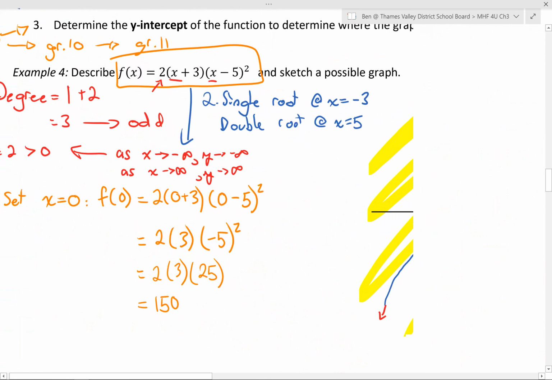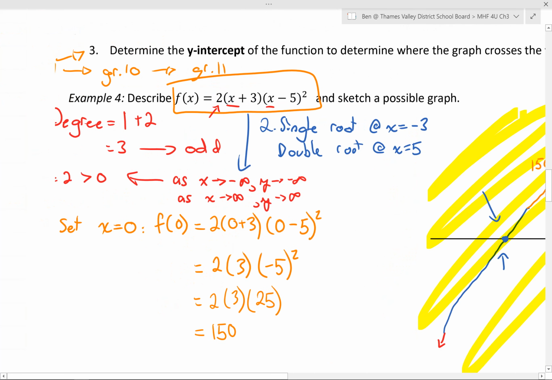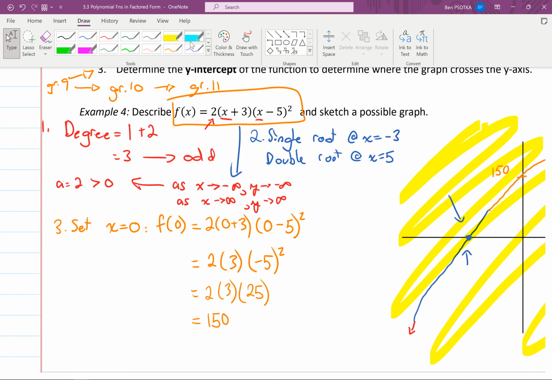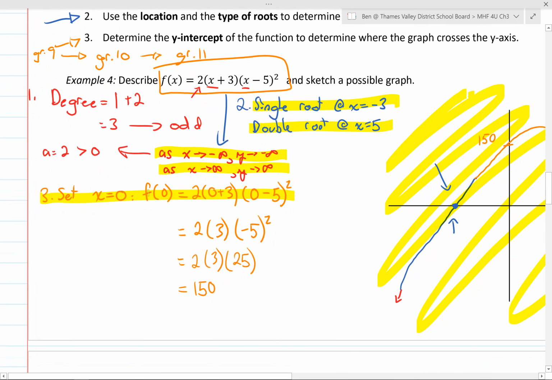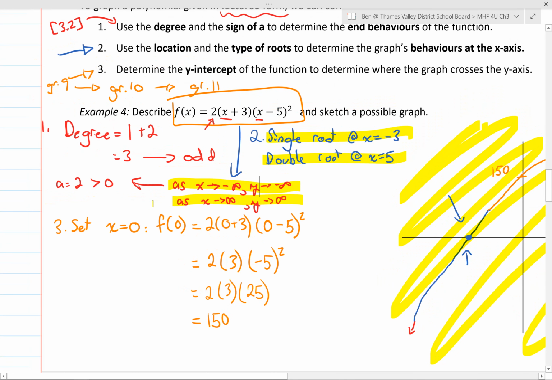So ideally we have those written out, so you caught Mr. Pasatka not showing all of his work there. But we should have written out what we determine. So we determine our end behaviors, we determine the single root and double root, and we determine our x-intercept, right? And here our y-intercept.